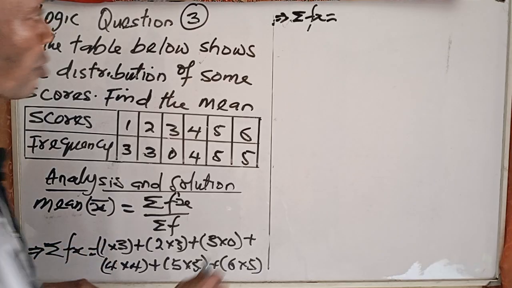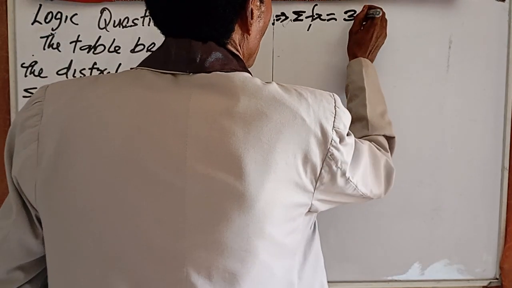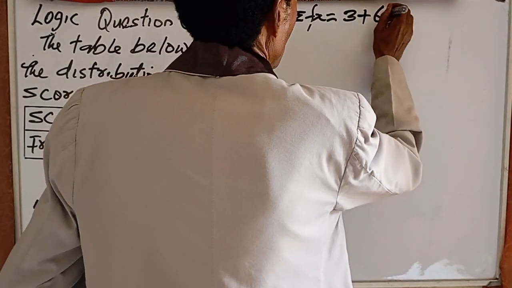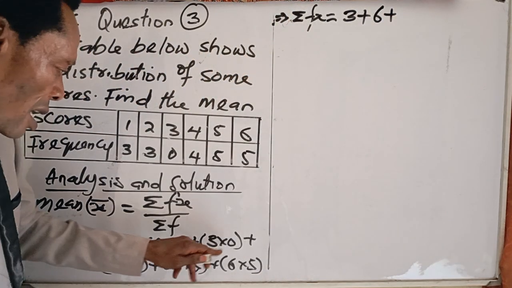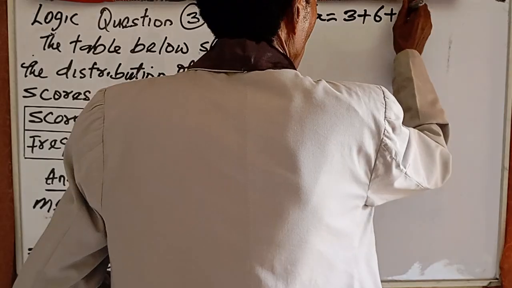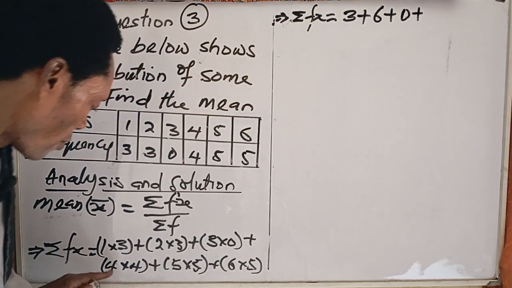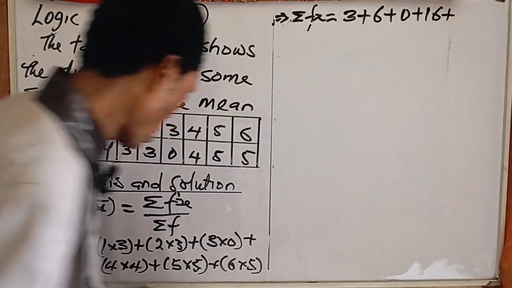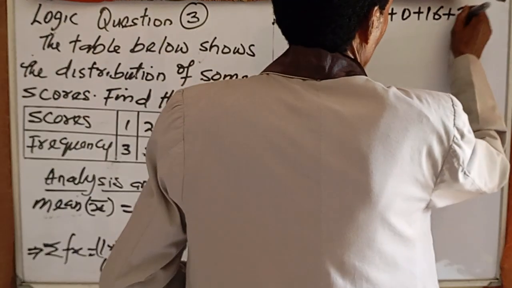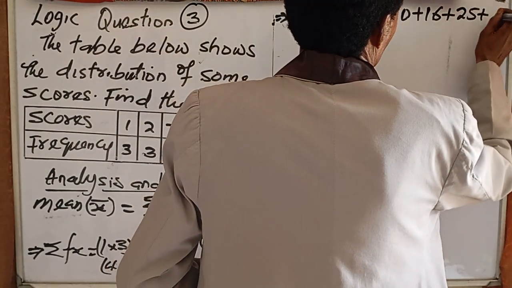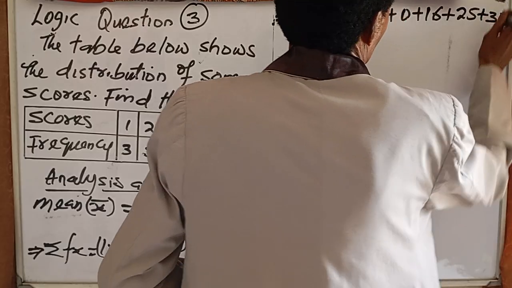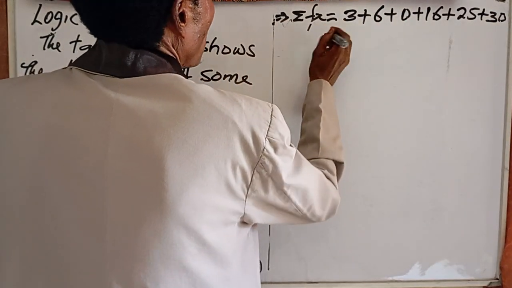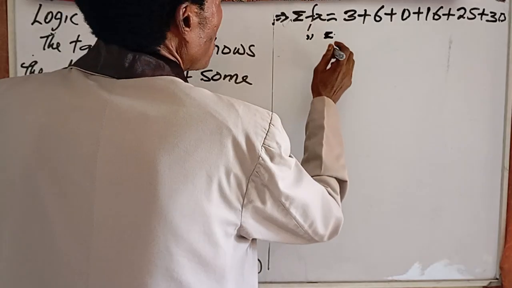So 1 times 3 will give us 3, plus 2 times 3 will give us 6, plus 3 times 0 will give us 0, plus 4 times 4 will give us 16, plus 5 times 5 will give us 25, plus 30, which is 6 times 5.